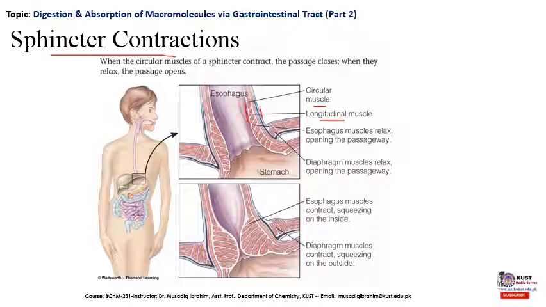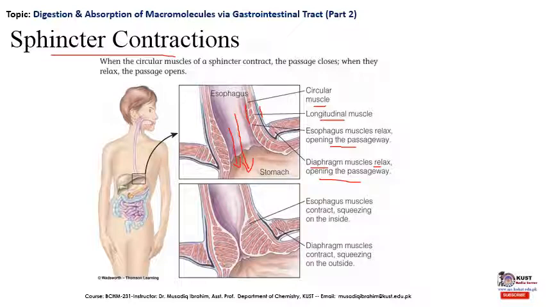When the esophagus muscles relax, they open the passageway for the entry of food into the stomach. Along with it, the diaphragm muscles also relax, helping in the opening of the proper passage of the food material from the esophagus into the stomach.